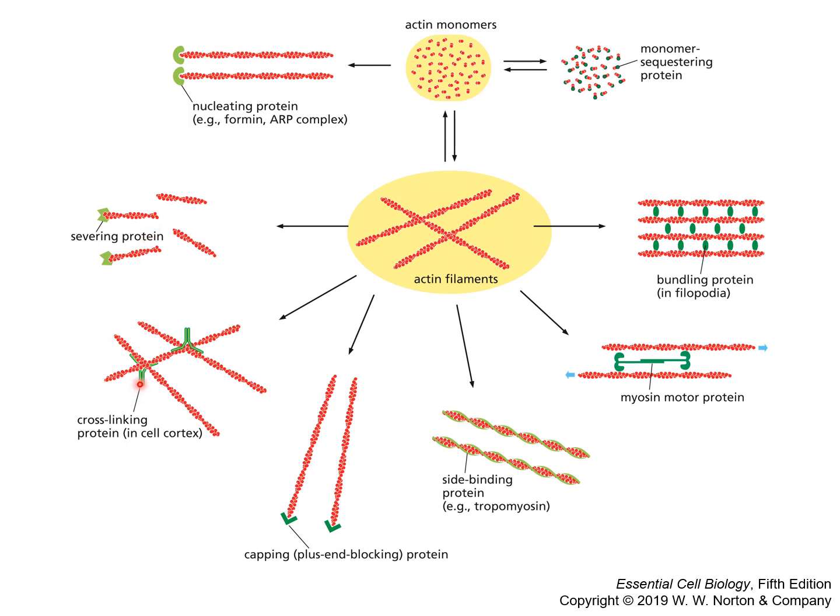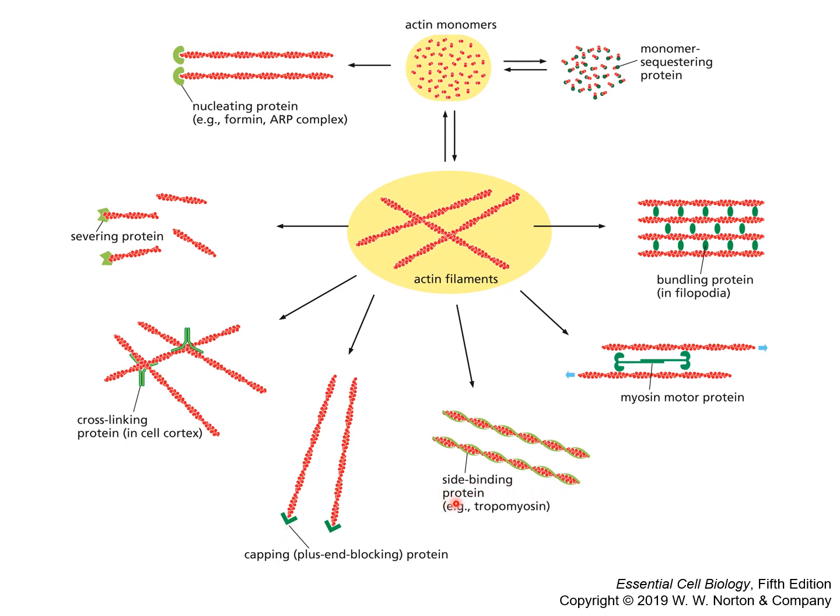Cells also use cross-linking proteins in the cell cortex, which we'll talk about in a little bit, to keep actin in a meshwork underneath the plasma membrane. When cells use capping proteins, they will block the plus end of the actin filaments, so polymerization from the plus end is blocked.